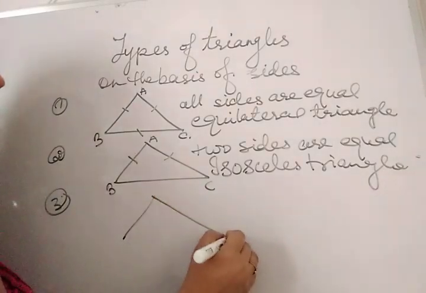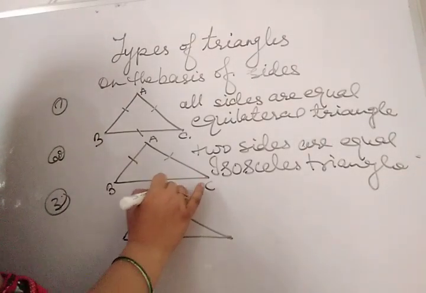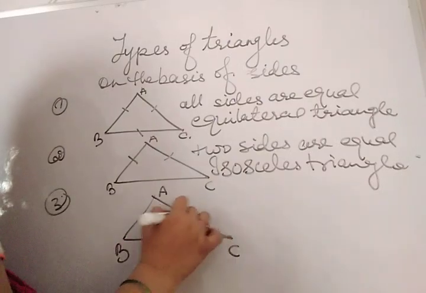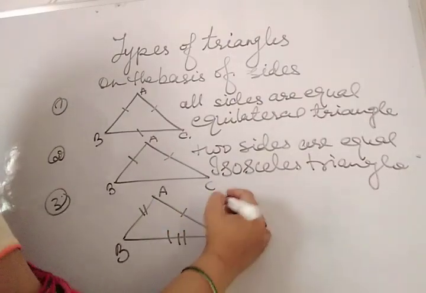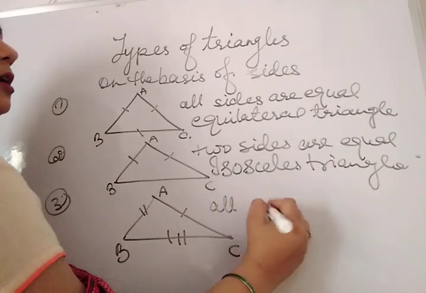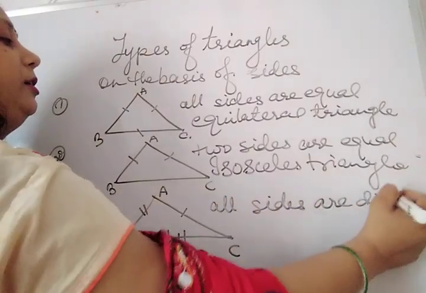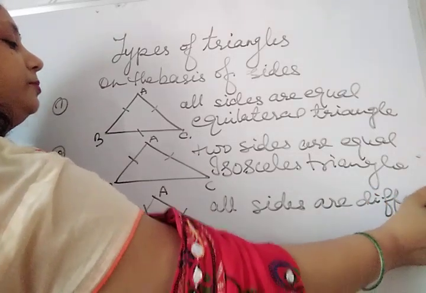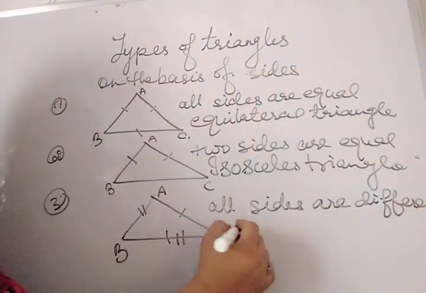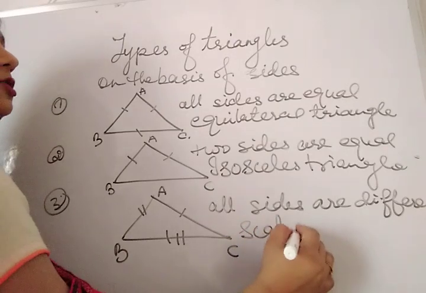If all sides of a triangle are different, then the triangle is said to be a scalene triangle.